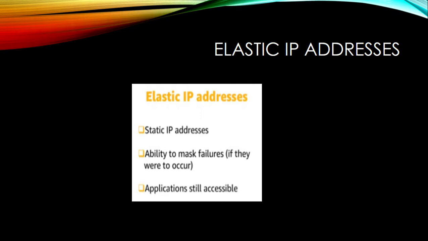This tool allows you to mask a failure of an instance or software by allowing your users to use the same IP address with the replacement resource. So using elastic IP addresses ensures high availability because your clients can still access your application even if your instance were to fail.